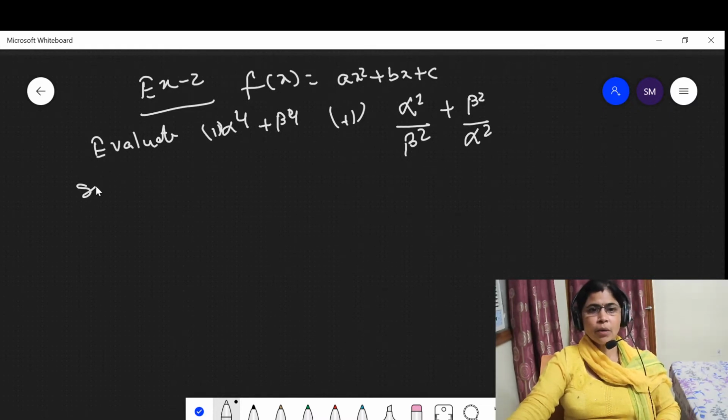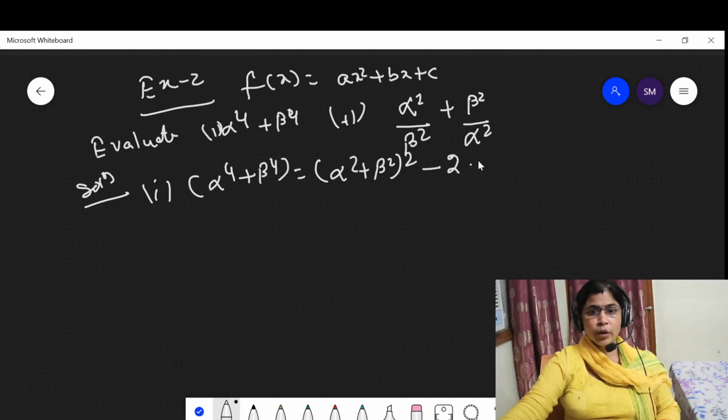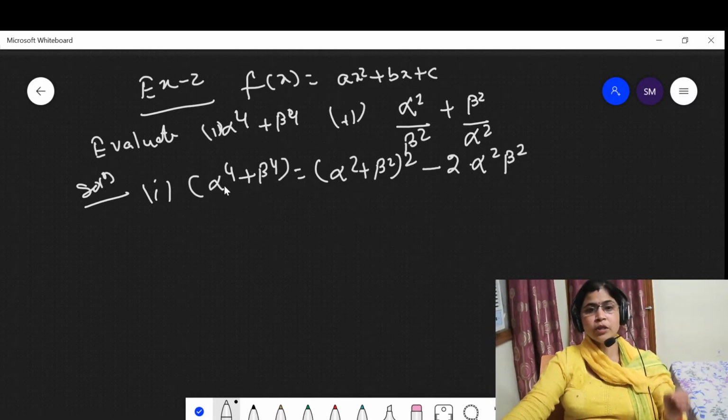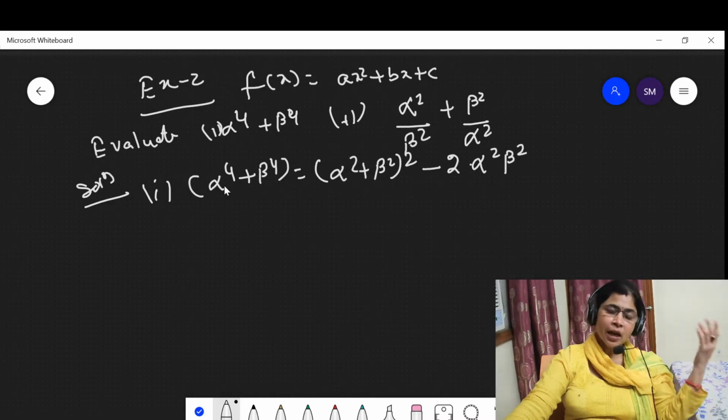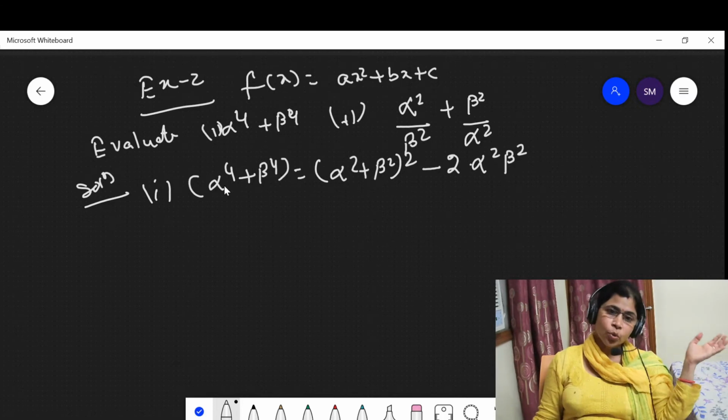Here let us solve. The solution says that alpha fourth plus beta fourth can be written as alpha square plus beta square whole square minus 2 into alpha square into beta square. I can split alpha fourth plus beta fourth in this way, because alpha fourth is alpha square square and beta fourth is beta square square, this means it is in the form of a square plus b square.